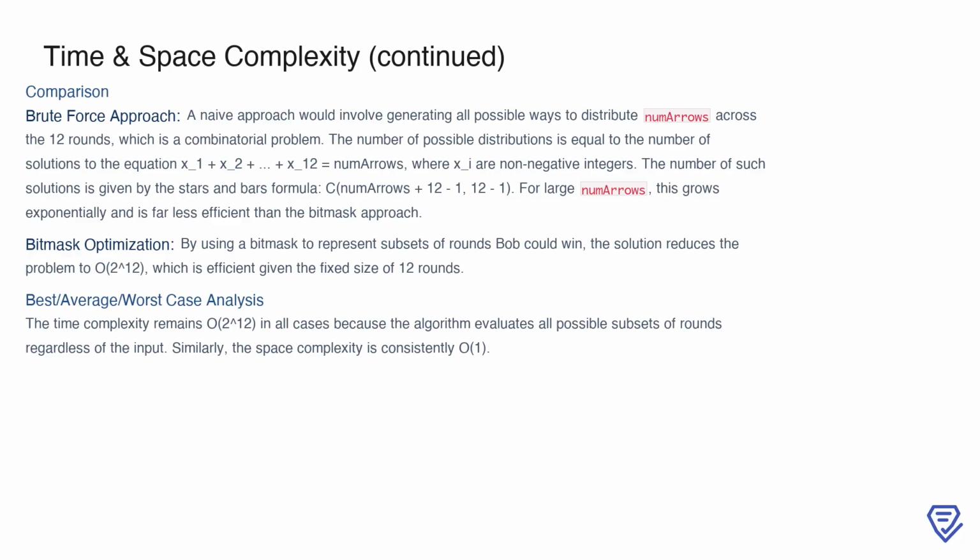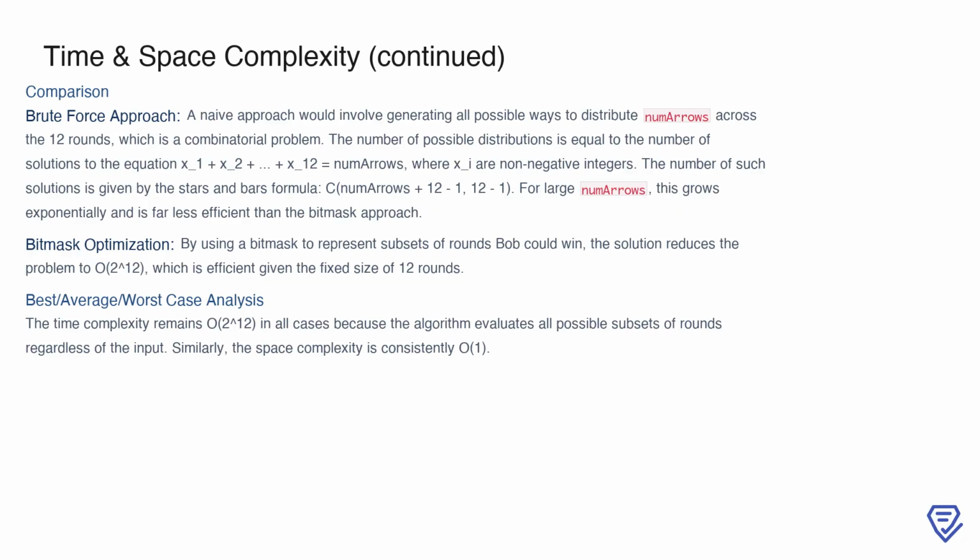Using the stars and bars formula, the number of solutions is C(number_arrows + 12 - 1, 12 - 1), which grows exponentially as number_arrows increases. In contrast, the bitmask optimization simplifies the problem by focusing only on subsets of rounds Bob could win, reducing the time complexity to O(2^12). This is significantly more efficient given the fixed number of 12 rounds.